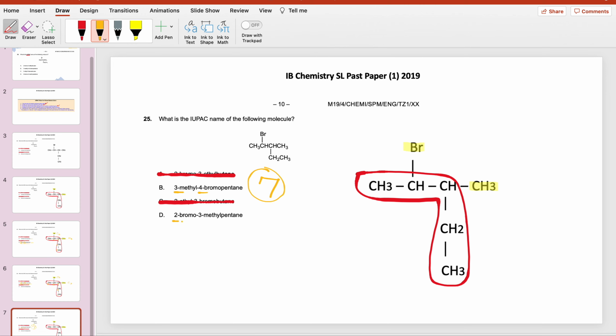And here we have 2 and we have 3, so the sum of the positions is 5. From here, the lowest sum is obviously 2-bromo-3-methylpentane, and that is the answer for this problem. So this is the answer to our problem.